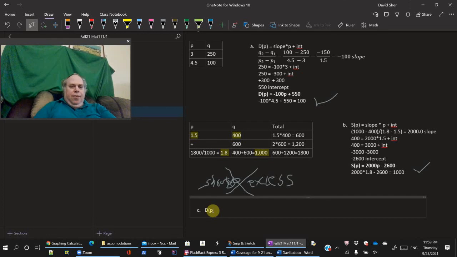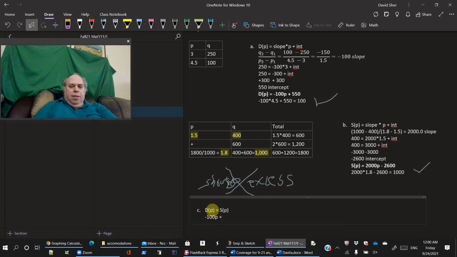D of P is going to equal S of P. The total being demanded is the total we supply. That's the price point where there's no excess, no shortage. Everything lines up. And now I'll replace them with their formulas.